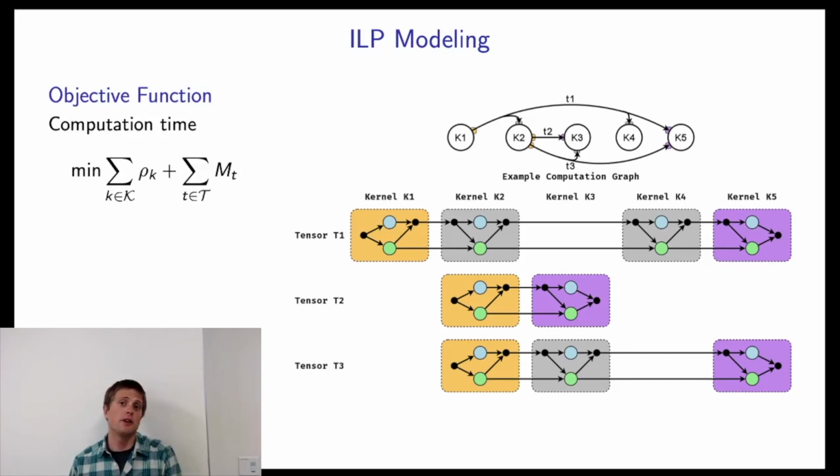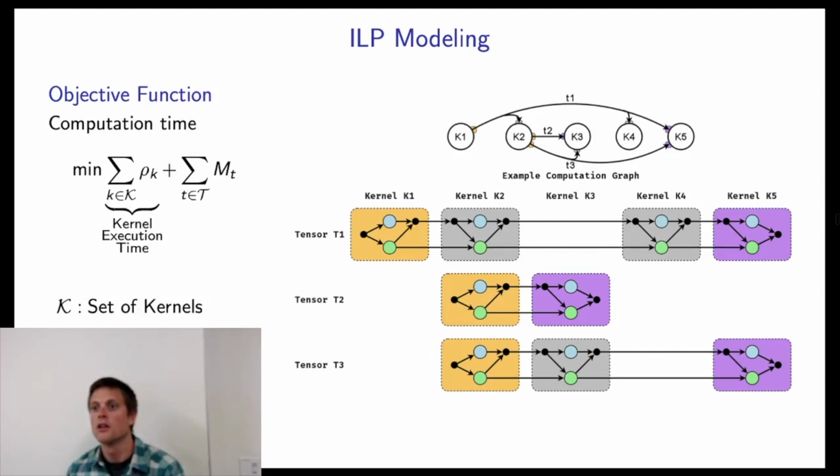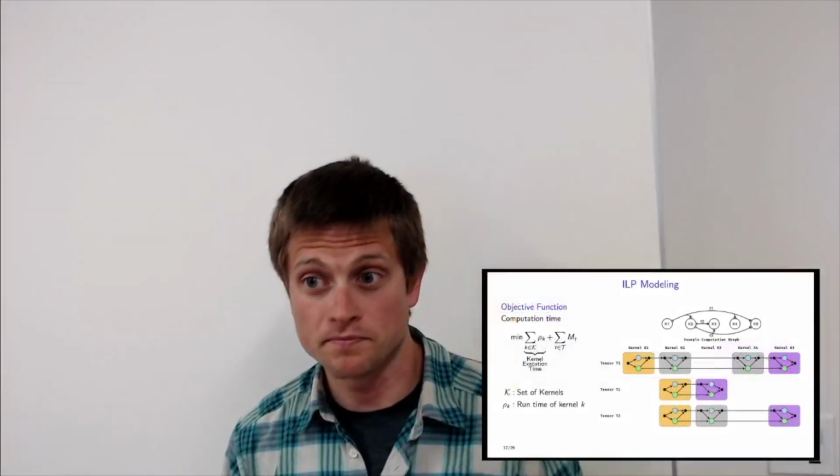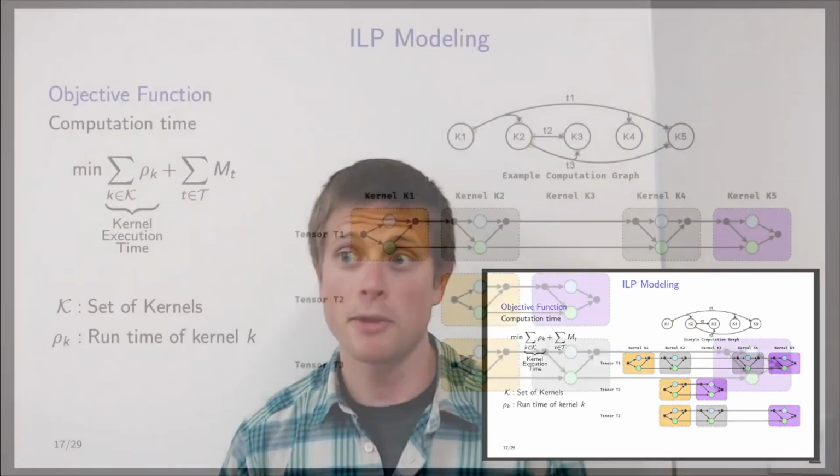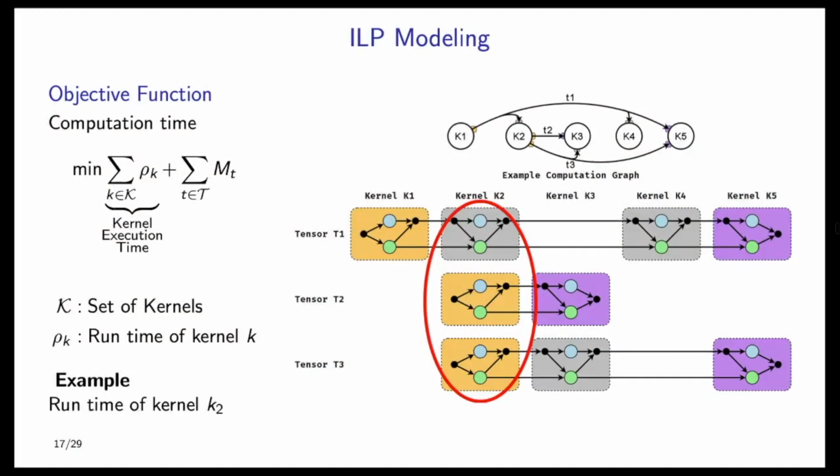Remember, our objective here is to minimize the expected computation time of this computation graph. So for this formulation, our objective is broken up into 2 parts, as you can see on the slide. The first part is the expected kernel execution time. To see what we mean by that, I'll give an example for kernel K2. Suppose we wanted to find the expected execution time of kernel K2.